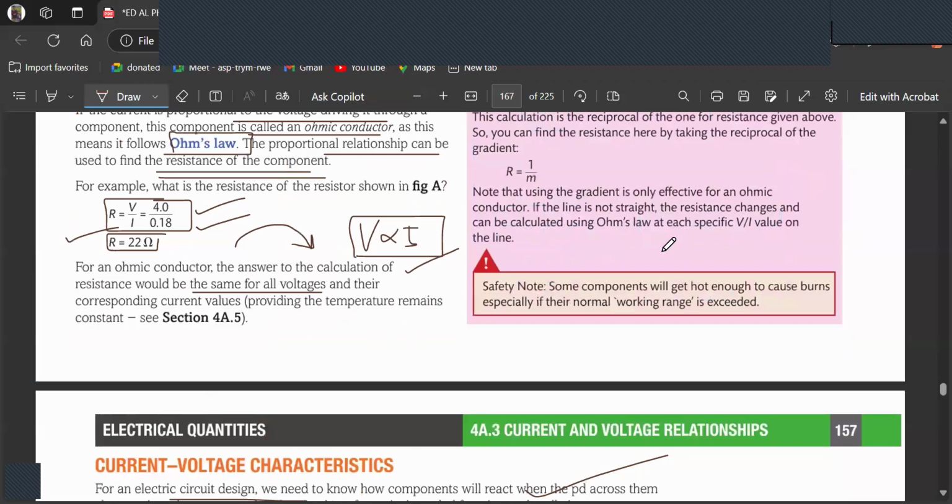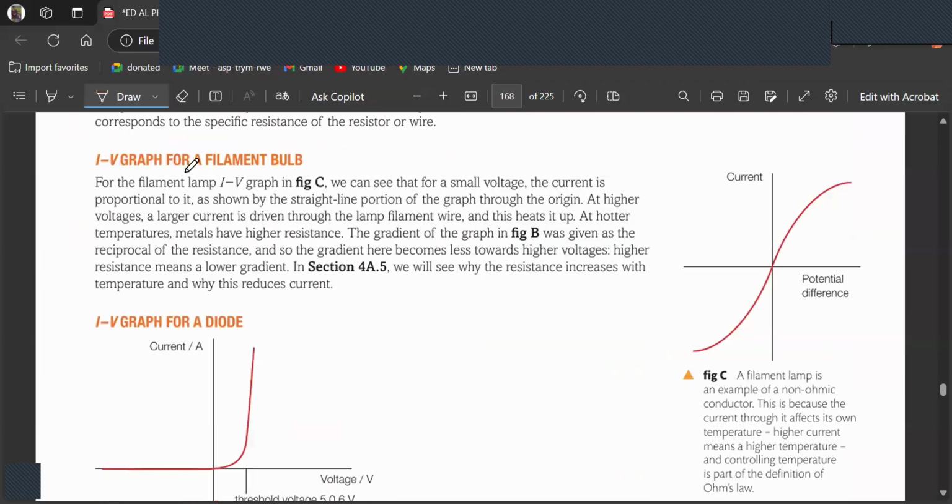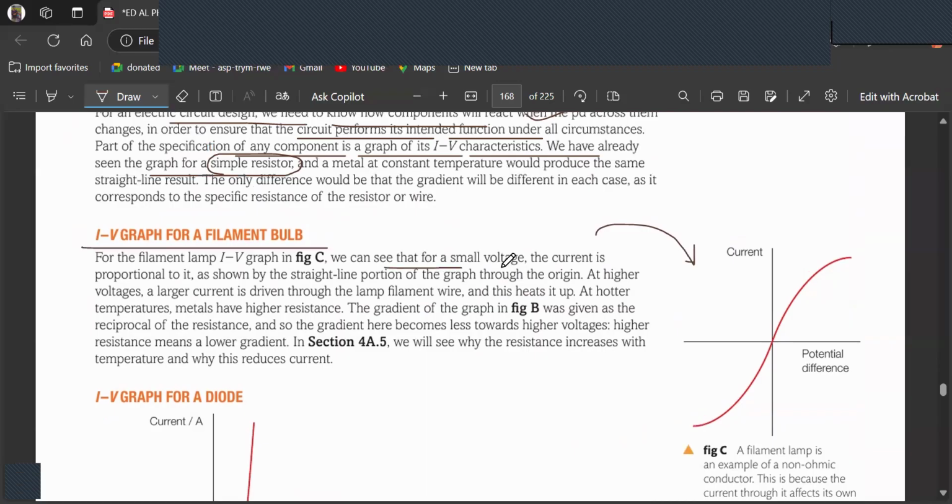रेजिस्टर का है. Resistance. फिर हमारे पास एक IV ग्राफ आता है फिलामेंट का, which is a filament bulb. A curve like this, an S shape बनेगा. We can see that for a small voltage, current is proportional to it, and at higher voltages वो थोड़ा सा होता ही है कि फिलामेंट की वायर ना हीट अप होना शुरू हो जाती है, वरना it would go straight, but the thing is it's a filament. फिलामेंट इस पॉइंट से बियॉन्ड जब हम थोड़ा सा और एक्स्ट्रा वोल्टेज बढ़ाते हैं, it starts to heat up, इसलिए करंट थोड़ा सा इंक्रीज कर रहा है, बट इन अ स्लोअर रेट.